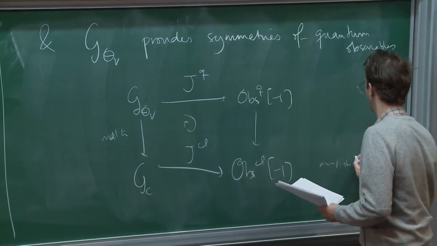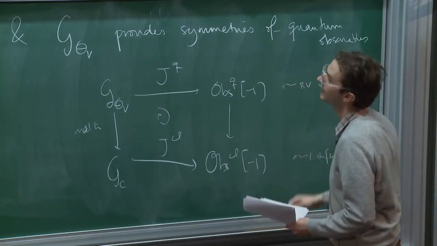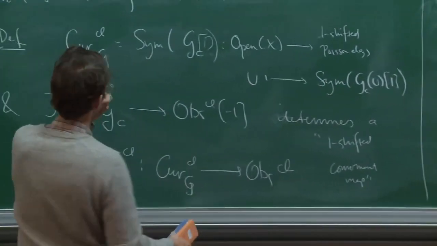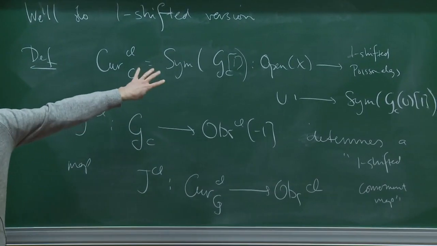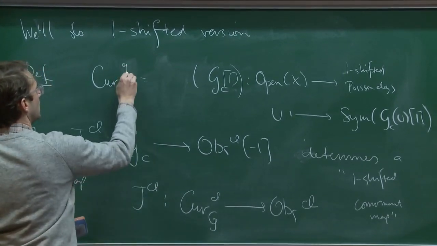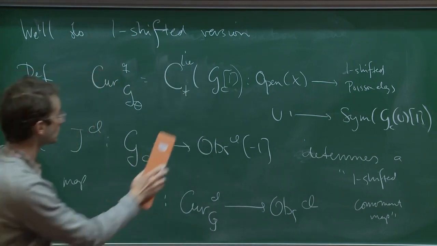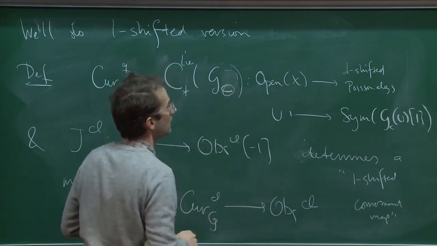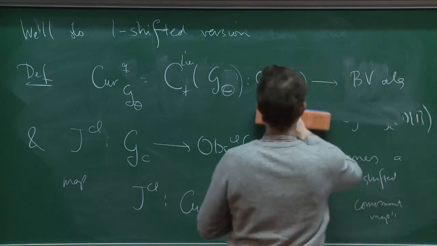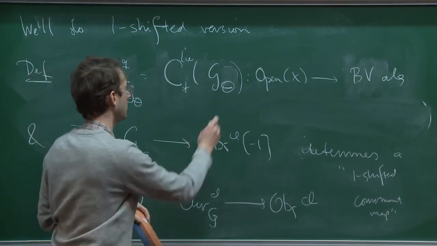Down here we had a one-shifted Poisson algebra. Over here we have a BV algebra. And just as the symmetric algebra was the enveloping functor, the enveloping Poisson algebra, the Lie algebra chains actually, there's a factorization algebra obtained by taking Lie algebra chains of this thing here.